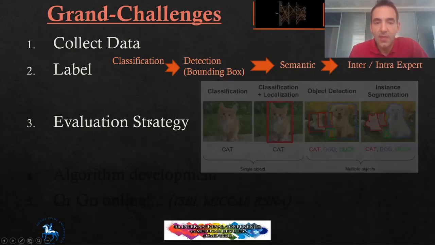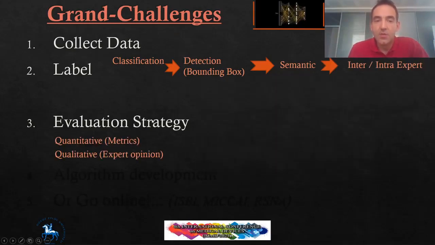The evaluation strategy should consider two steps. The first step is to use quantitative metrics, and the second is qualitative analysis, like expert opinion. Here expert opinion is again highly related with labeling, because inter- and intra-expert variations determine the upper limit of your accuracy or of your success.